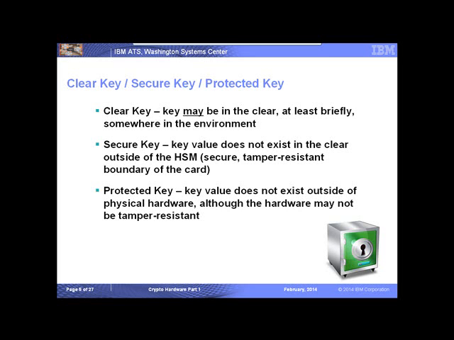The third type is protected key. That's relatively new. That was introduced with the Crypto Express 3 cards on the z10. It's kind of a hybrid. It relies on both secure key and clear key hardware, so that your key material will never exist in the clear anywhere except inside of hardware.